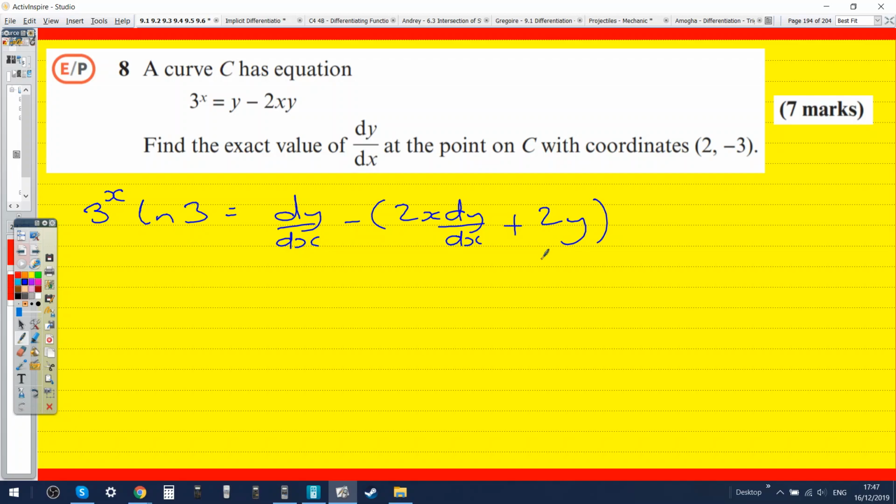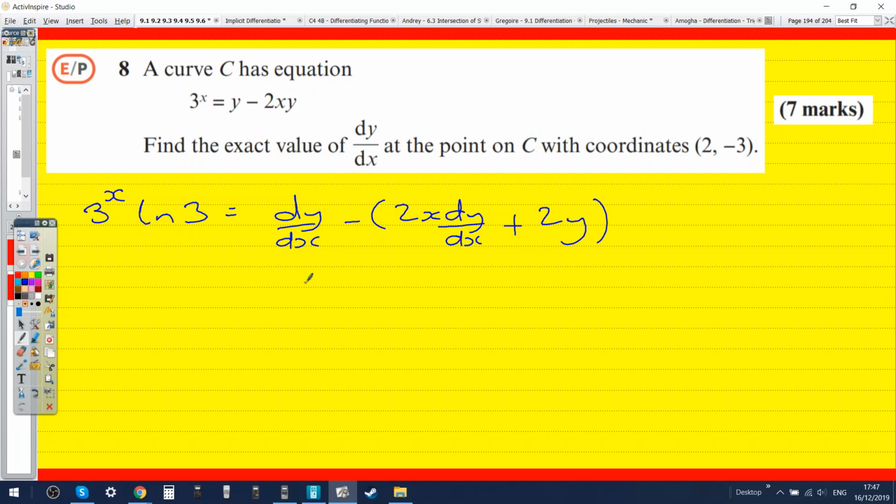Would you just... Oh, you have to get dy by dx on one side first. Not necessarily. If they wanted you to find dy dx, yes, it might make your life easier, but you can just sub in the values first. Yeah, okay.